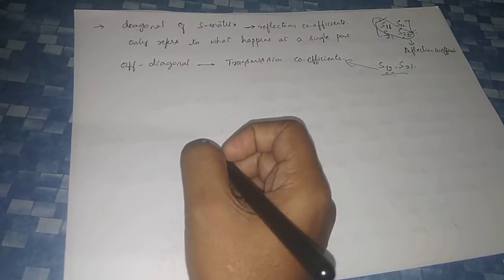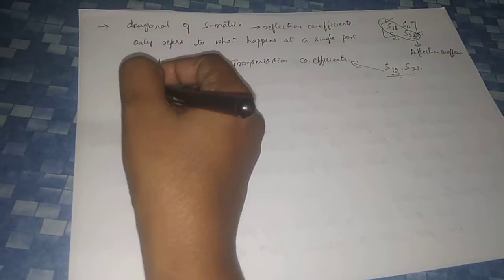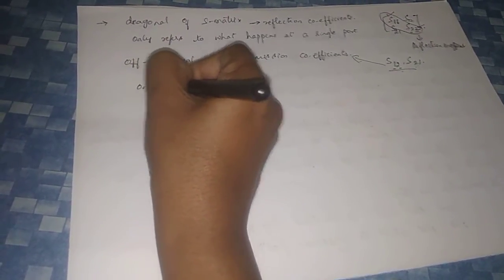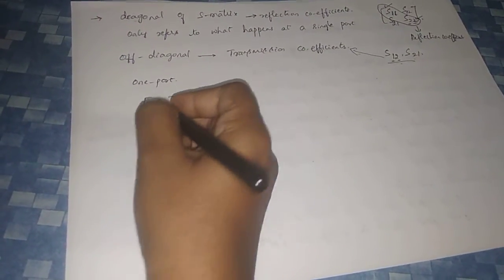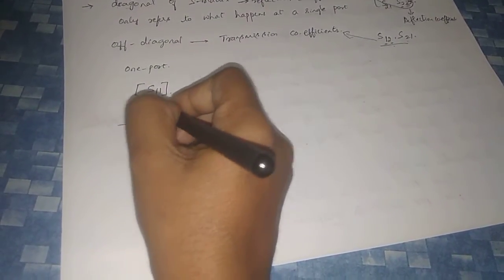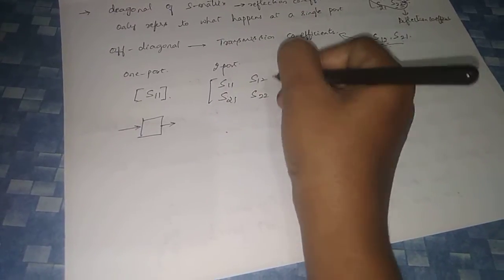How can I write the matrix for different ports? Say I have to write a matrix for one port. It will be S11, a single port, where you give the input and get the output. Two port means two terminals, no? So for two port, you will write S11, S12, S21, S22.